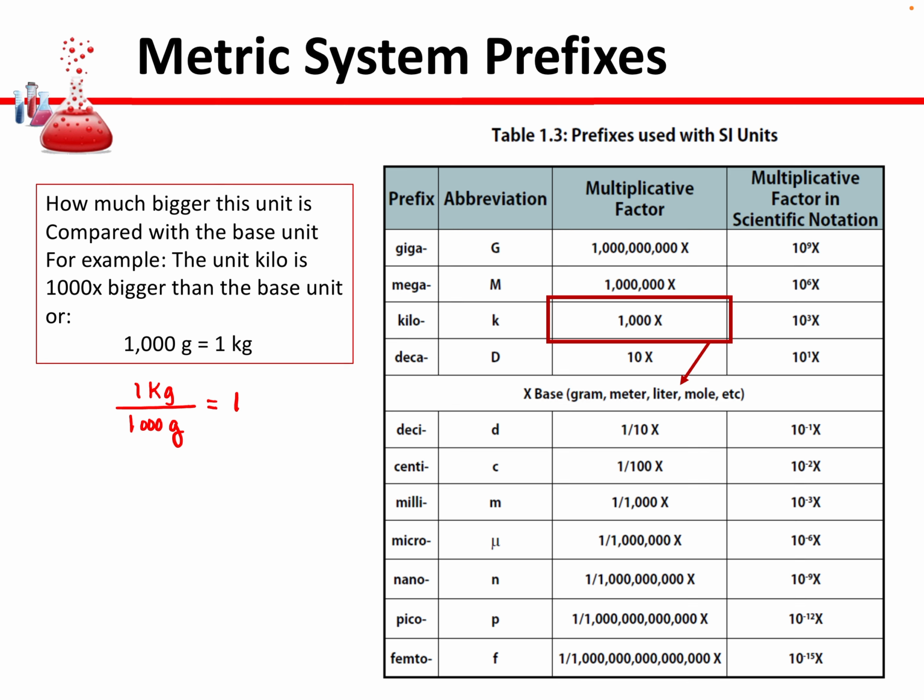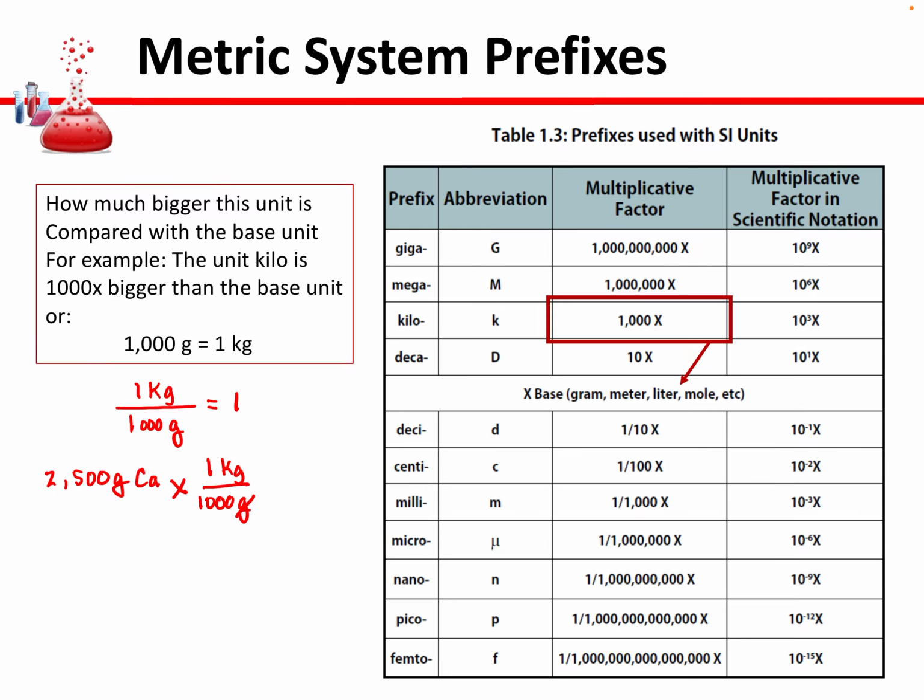So if we multiply any number by 1, it's just the same number. So if I had, let's say, 2,500 grams of calcium, and I want to know how many kilograms that is, I can take that and multiply it by my conversion factor.